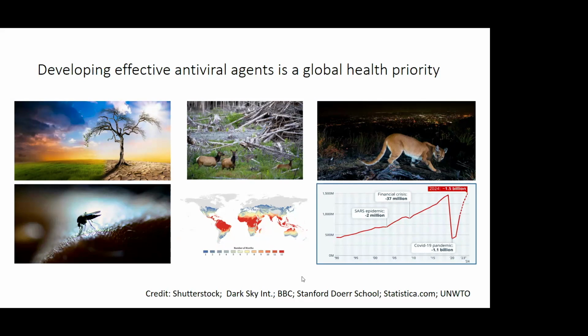And also the warming temperatures increase the geographic area where viral vectors like mosquitoes and ticks find it more hospitable to live, potentially increasing the risk of spread of arboviruses. This map here in the middle shows the current worldwide distribution of the mosquito Aedes aegypti, the vector for yellow fever and chikungunya and Zika and dengue fever.